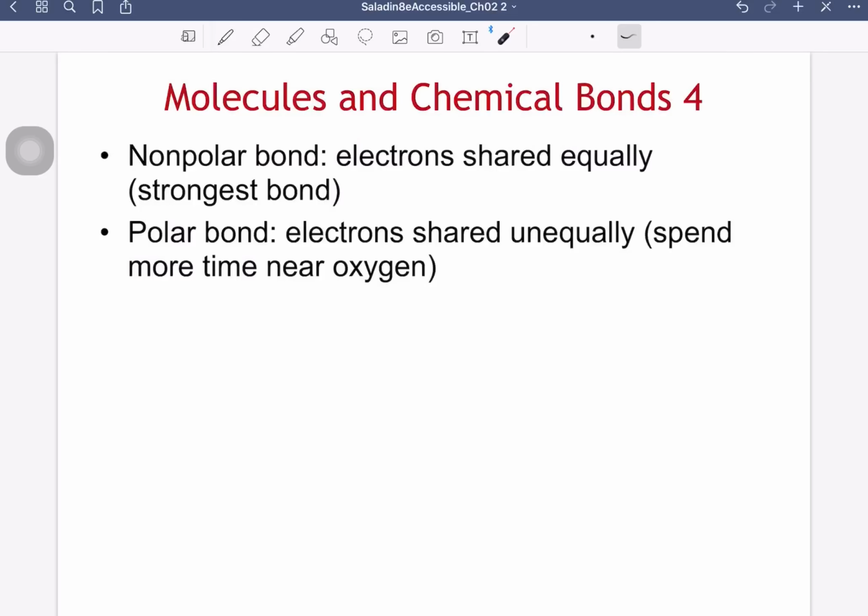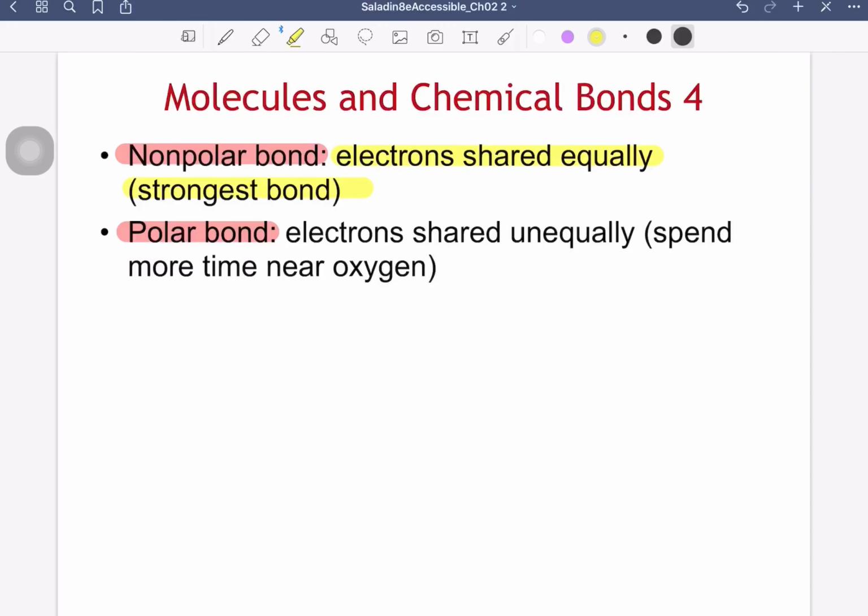Now, there's one more point to covalent bonds, is sometimes the sharing is not equal. And I'm not going to go into the chemistry and the subatomic physics of this. So we also have the terms of non-polar bond and a polar bond. Now, in a non-polar bond, the electrons are shared equally, and this is a very strong bond.